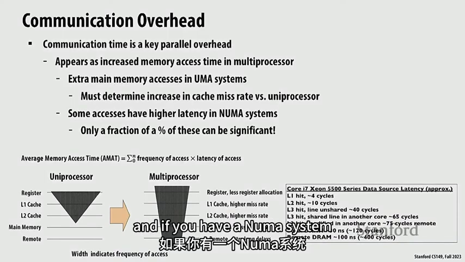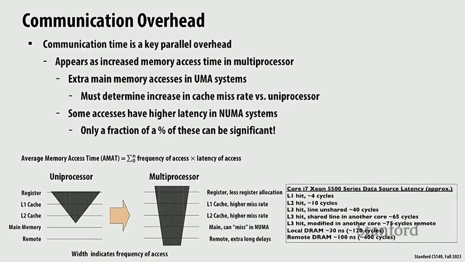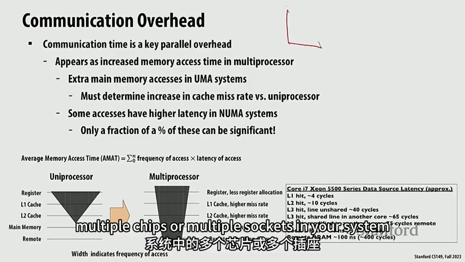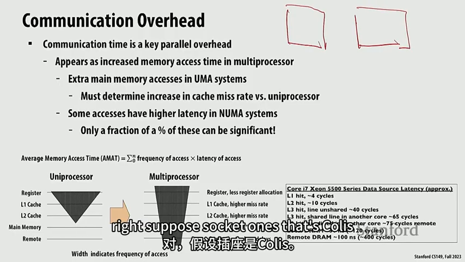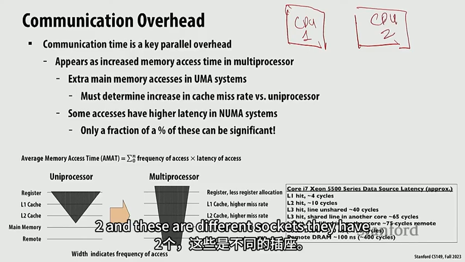And if you have a NUMA system, have we talked about NUMA systems? Okay, so if you've got multiple chips or multiple sockets in your system, suppose CPU 1 and CPU 2 are different sockets.